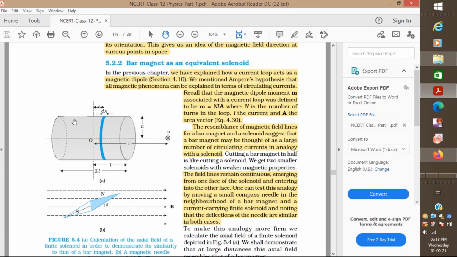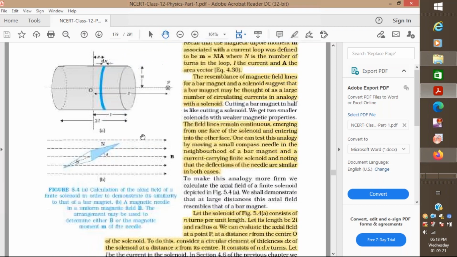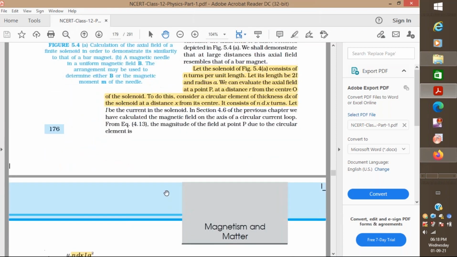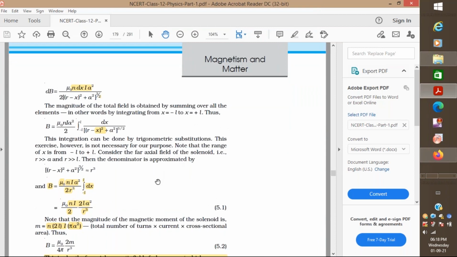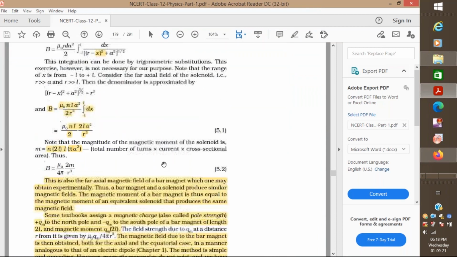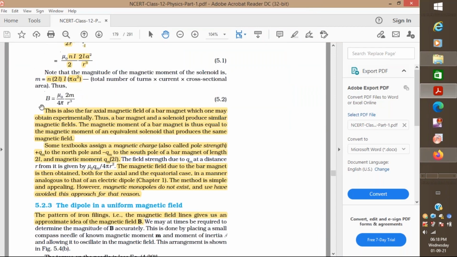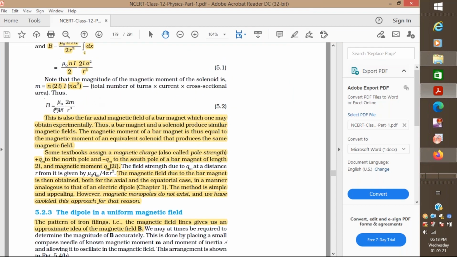Using this solenoid case, we can find the magnetic field for a bar magnet, since we are comparing a bar magnet with a solenoid. I can calculate the magnetic field of the solenoid at any point on the axis, or at an equatorial point, and that will be exactly equal to the magnetic field for a bar magnet.